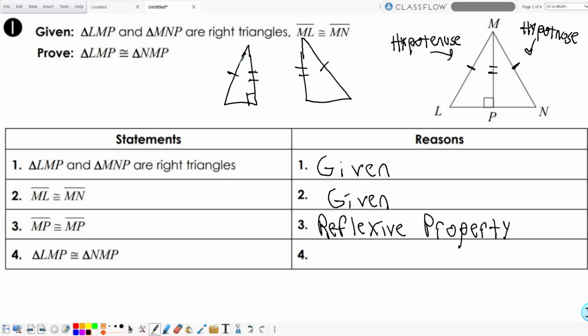So, if the hypotenuses are the same, a pair of legs are the same, hey, that's our hypotenuse leg postulate or theorem, whatever. So, HL congruence. As you can see, it's not that bad. So, let's look at one more.